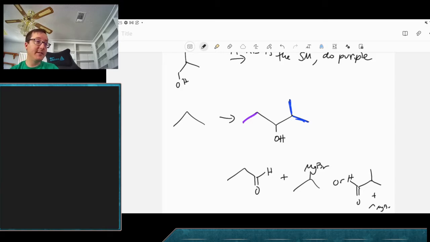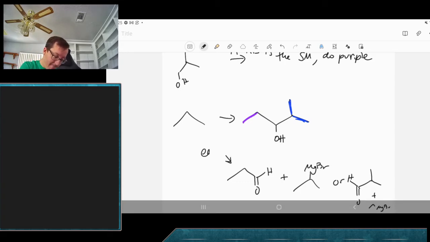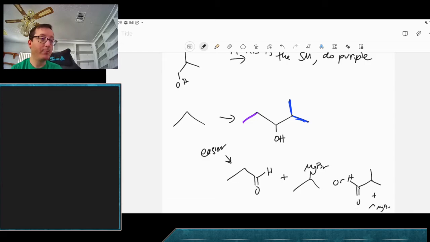So you have to consider, looking at that starting material as propane, is there a way for us to very easily make propane on this? Which of these aldehydes is going to be easier to synthesize from our given starting material? We have 2 options here, and we're going to see that this one is easier to synthesize from propane.